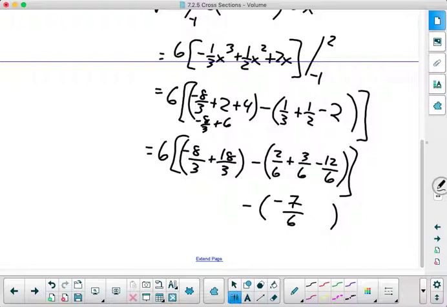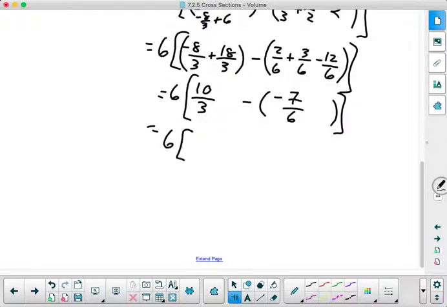Over here, if I add these up, I'm going to have 10/3. If I change that to something over 6, I should have just done it to begin with. This would end up being 26 minus a negative 7/6, so plus, almost done.